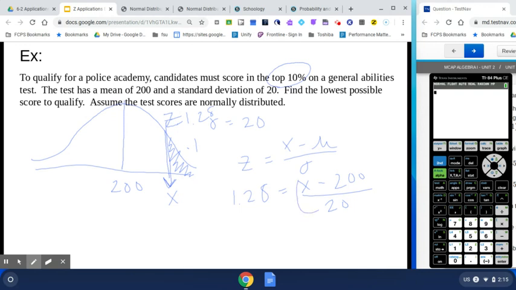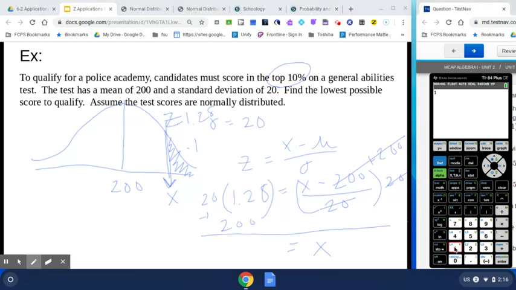So we're going to multiply both sides by 20. And then we're going to add 200 to both sides. And that's going to get me x by itself. So let's go ahead and do that.